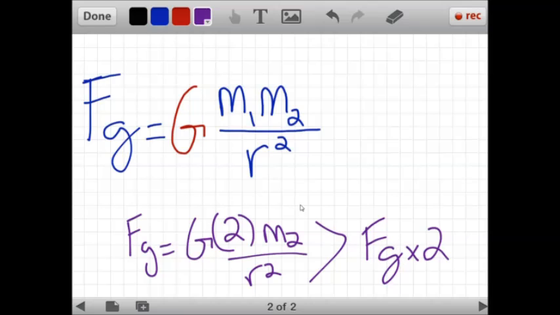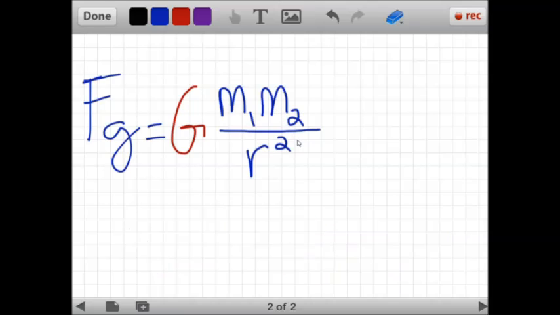What do you think would happen if I halved one of these masses? Or I took one of these masses and decreased it by 4 times, meaning I change it to 1/4. Well, it should be the exact same thing. Sorry, not the exact same thing, I misspoke, but very similar.